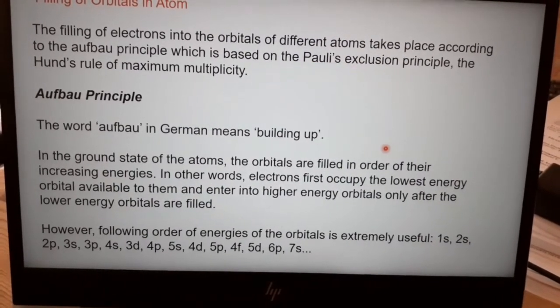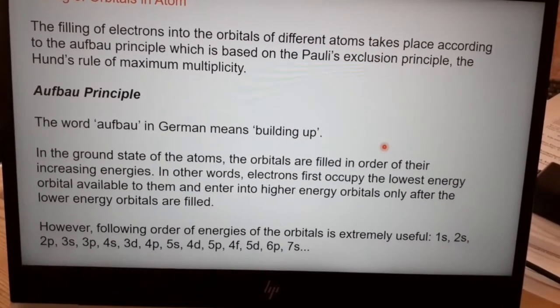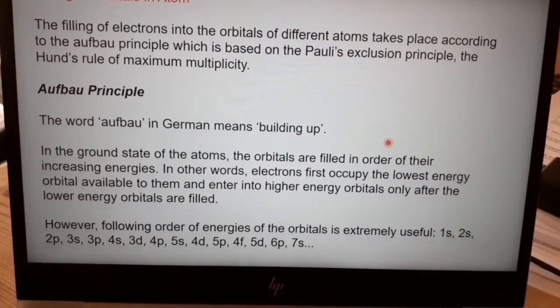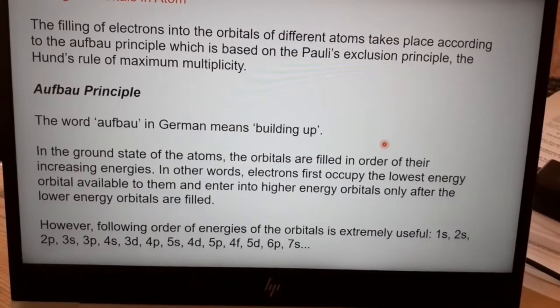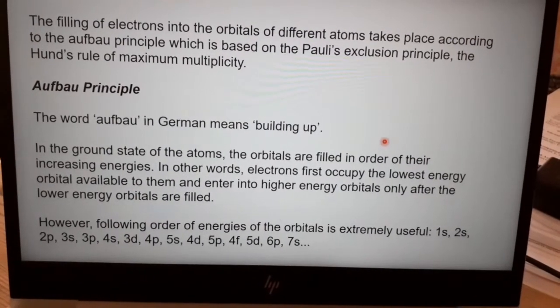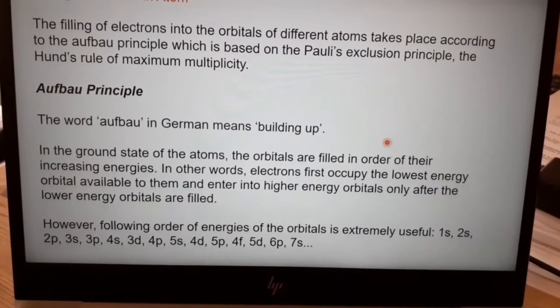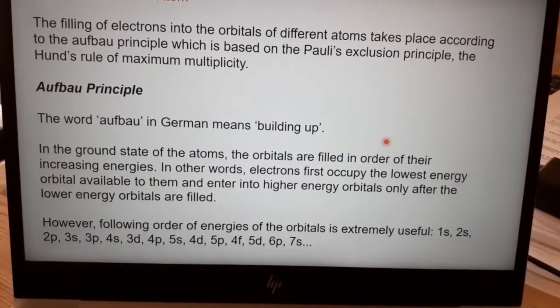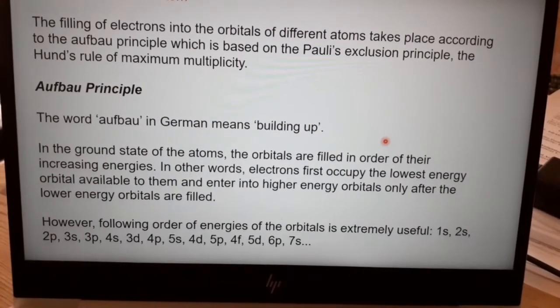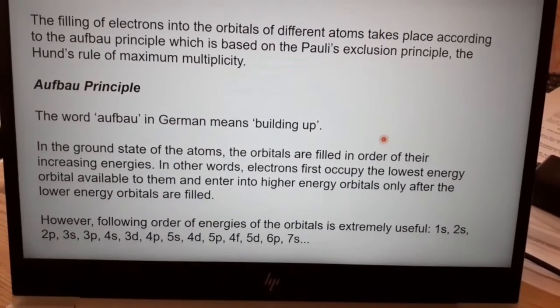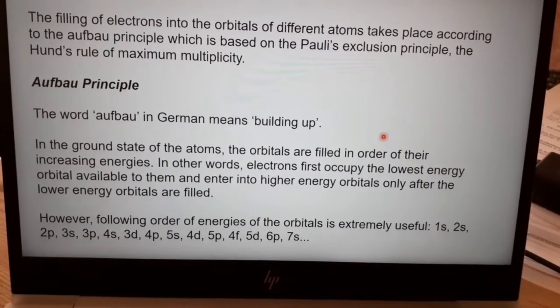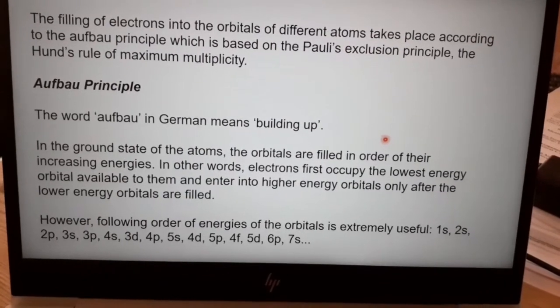In the ground state of an atom, the orbitals are filled in order of their increasing energies. You need to understand that when electrons are filled in an atom, the lowest energy orbital is occupied first, followed by the higher energy orbitals.